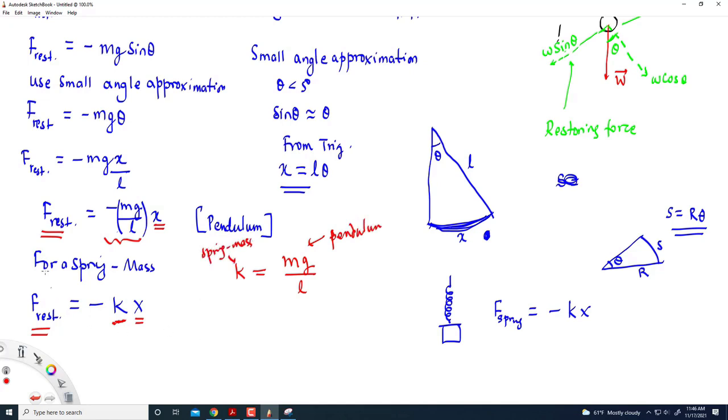Again, we are comparing these things term by term: F, x, x. We also have the negative sign, so negative, negative. That means this thing must be equal to k. That's what I have here.